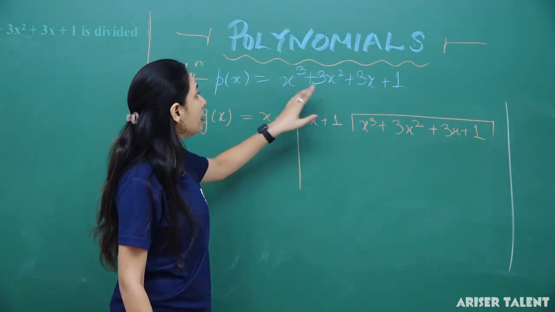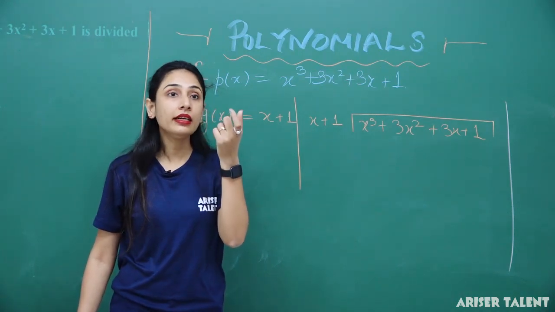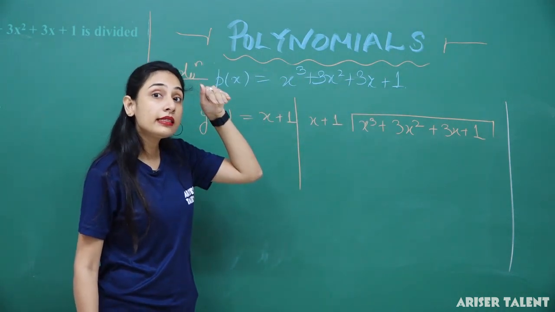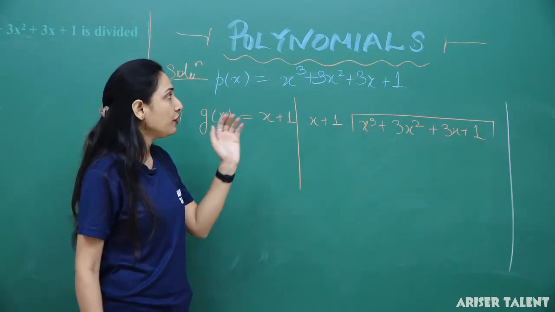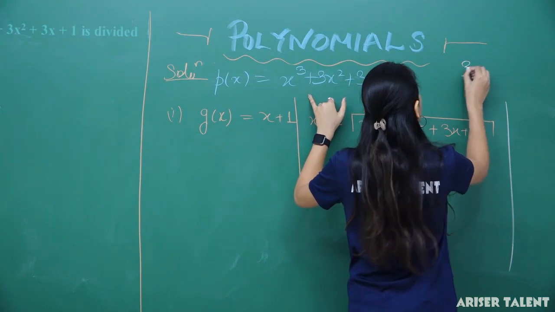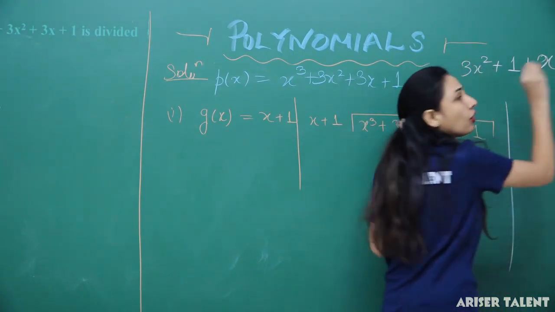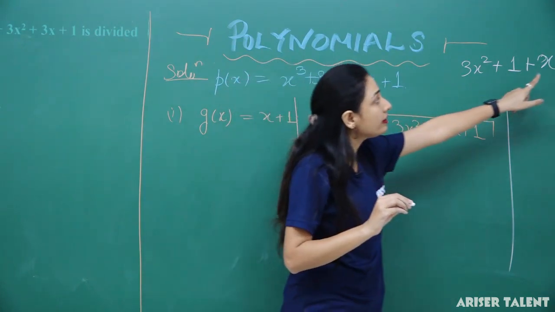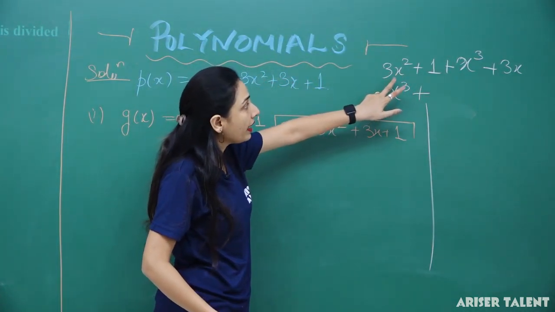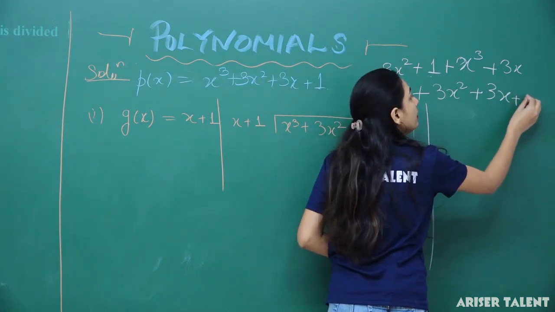If this is given in standard form, that means the highest degree term is written first and all other terms are written in descending order of degree. If the polynomial is given in some other order, like 3x square plus 1 plus 3x plus x cube, then you first have to pick the highest degree term, that is x cube, and after that the square term, 3x square, then 3x, and then plus 1, which is the 0 degree term.